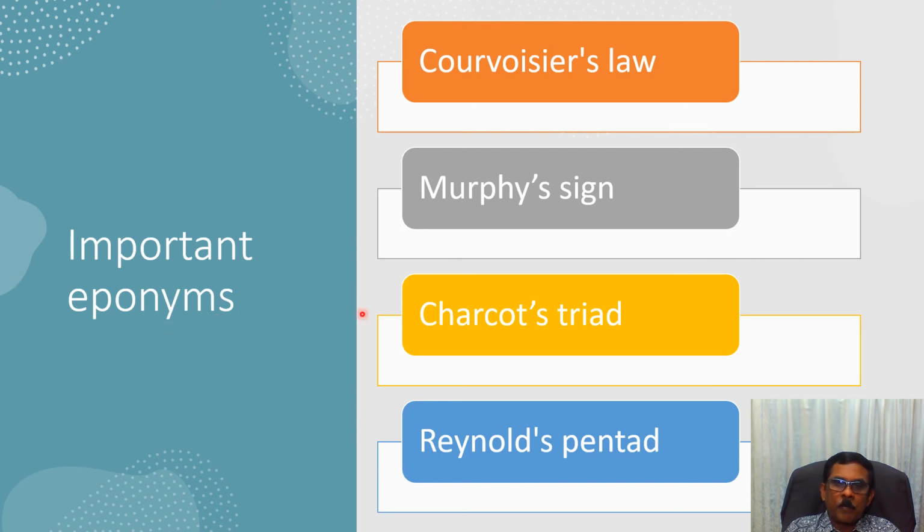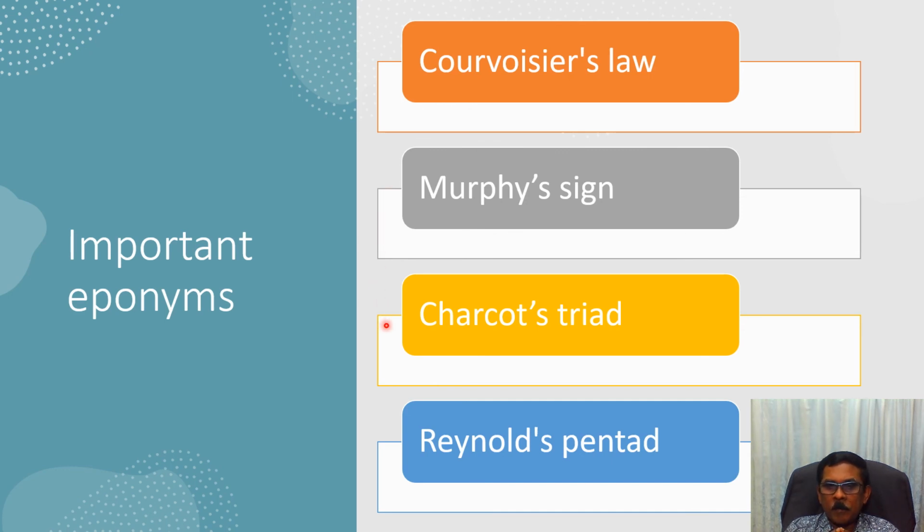Murphy's sign is the halting of respiration in deep inspiration when pressure is applied over the right hypochondrium. This is due to the inflamed gallbladder hitting the examining hand, causing pain which stops the patient from breathing.